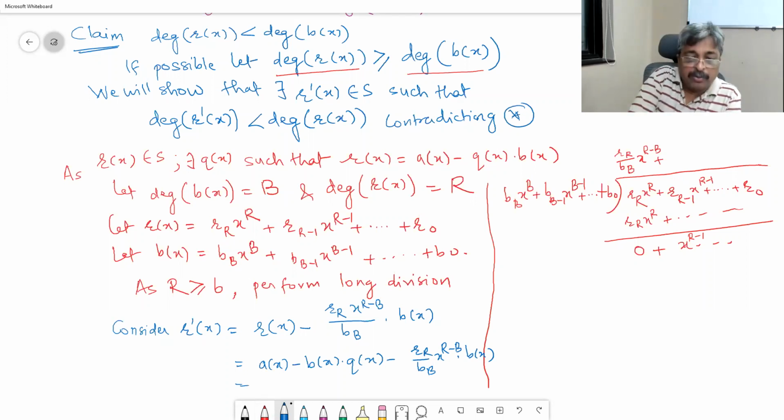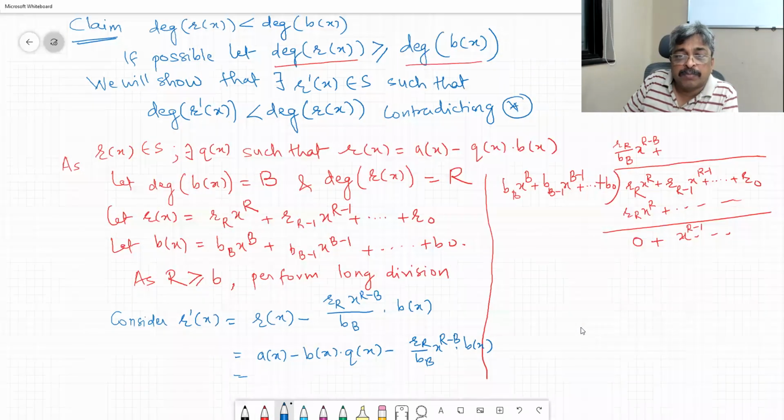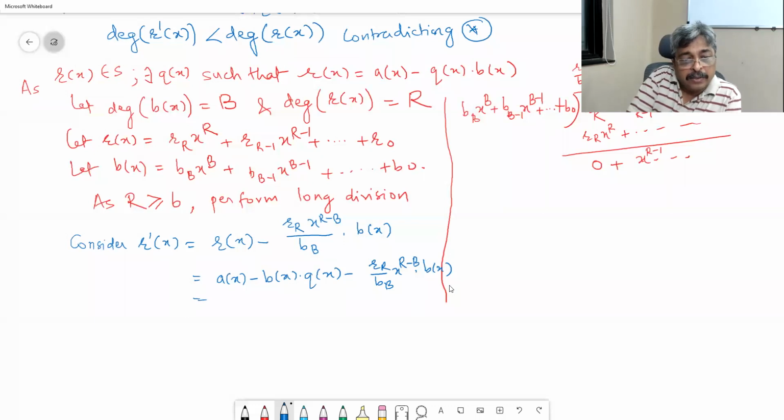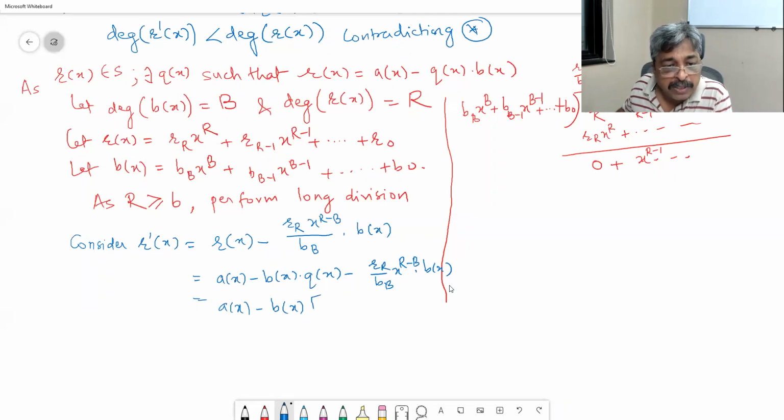So what we can do is take it common and put something inside the bracket. So a of x minus b of x, which is common, inside bracket q of x minus R upon B x raised to R minus B.